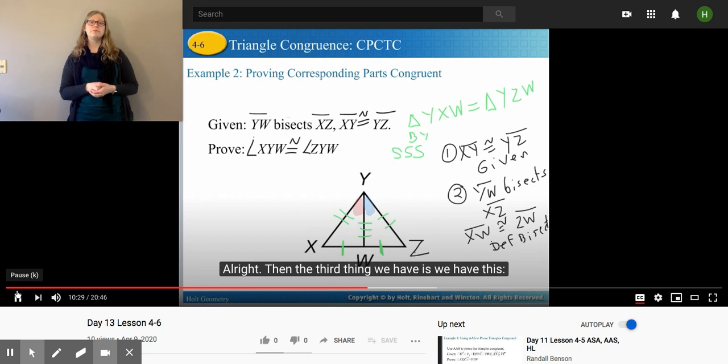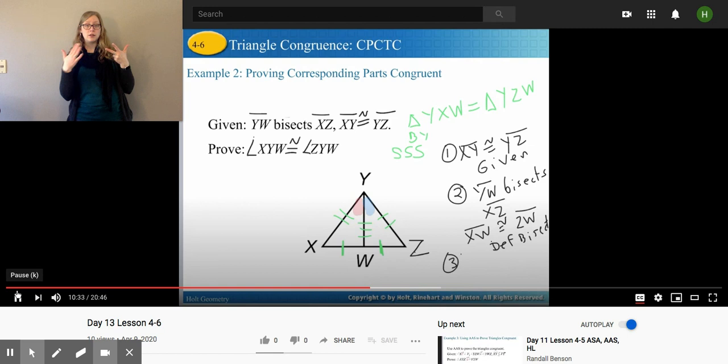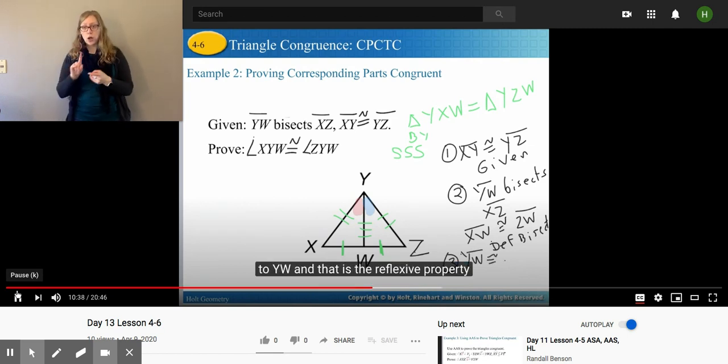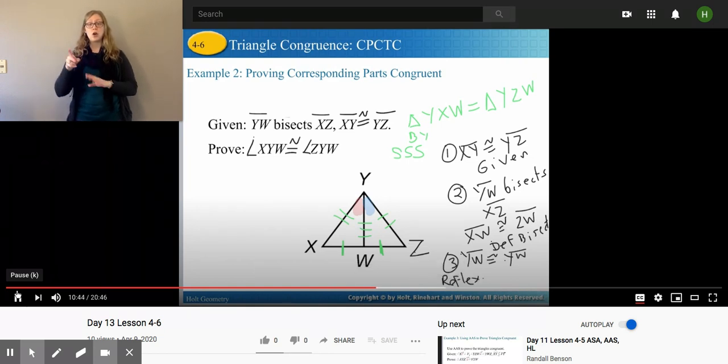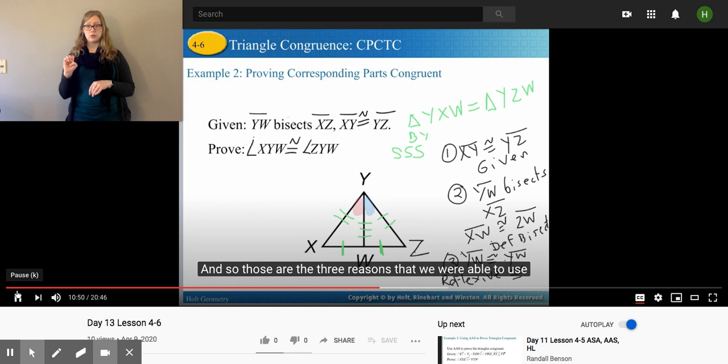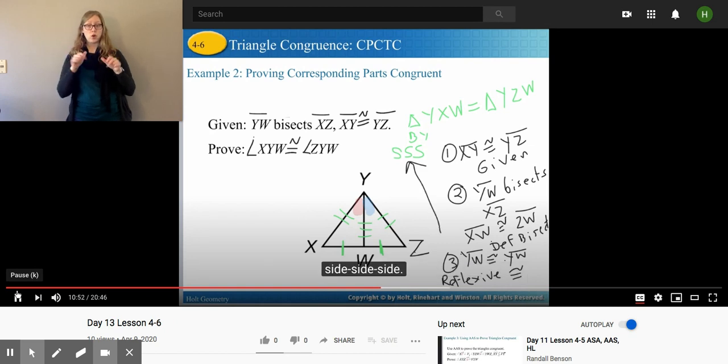All right. Then the third thing we have is YW is congruent to YW. And that is the reflexive property of congruence. And so those are the three reasons that we were able to use side, side, side.